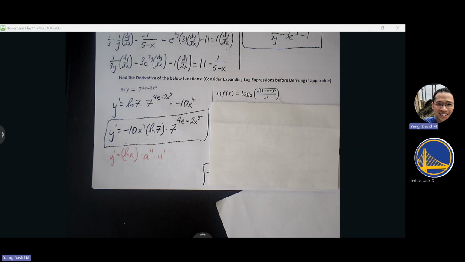You really don't have to do any cleanup from that first step. I just wanted to move all the terms in front of my exponential function, but if you didn't do that, it's fine.